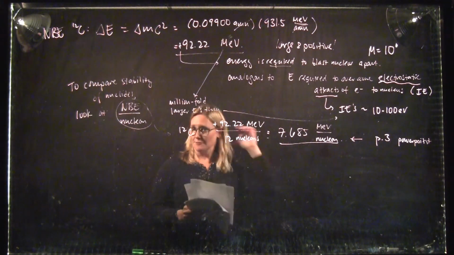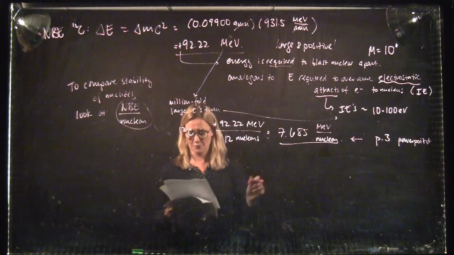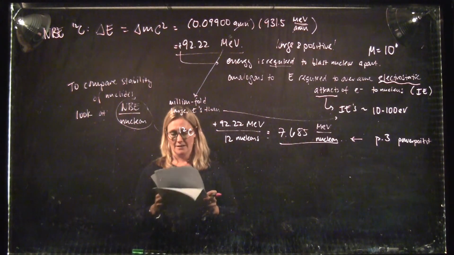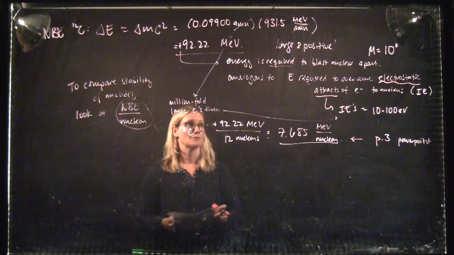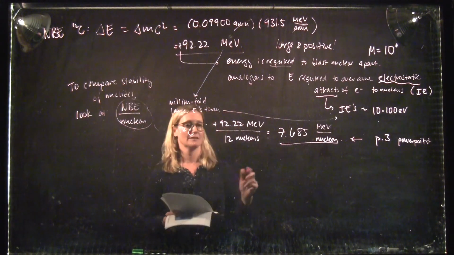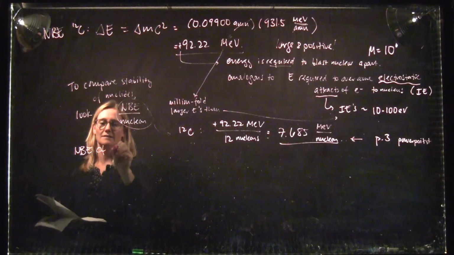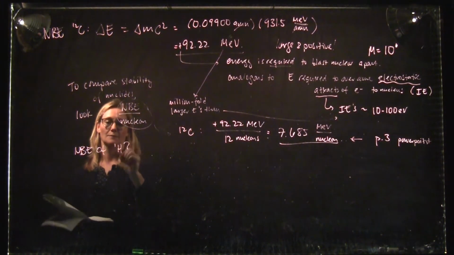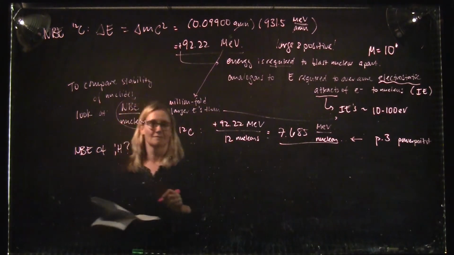So let me ask you, what would be the nuclear binding energy per nucleon of a proton? We had the mass of the hydrogen atom, a proton, that we looked at before. So what would be the nuclear binding energy of this?